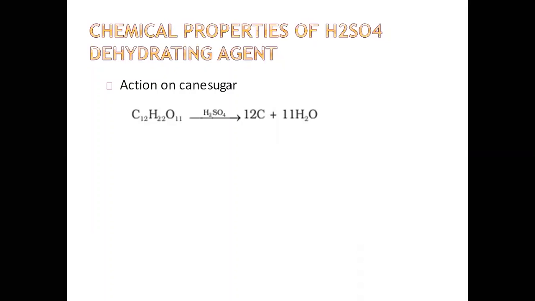sulfuric acid. When it reacts with cane sugar, it takes out all the water from it, and carbon is produced. This reaction is known as the charring of sugar.